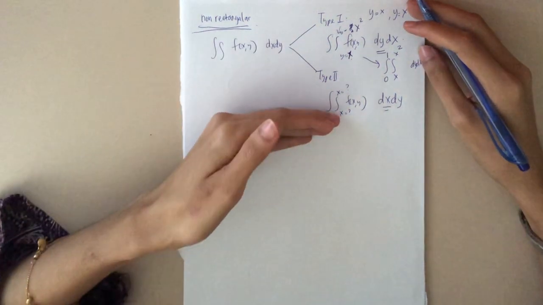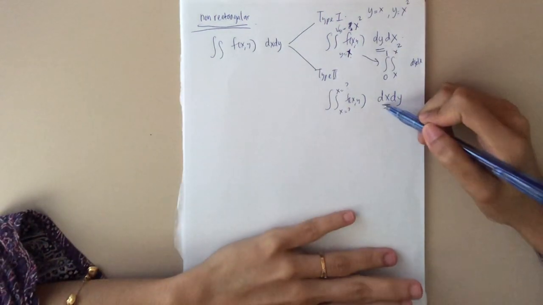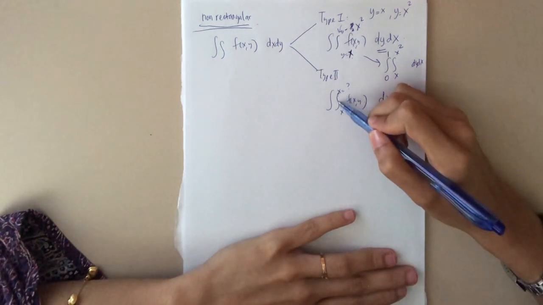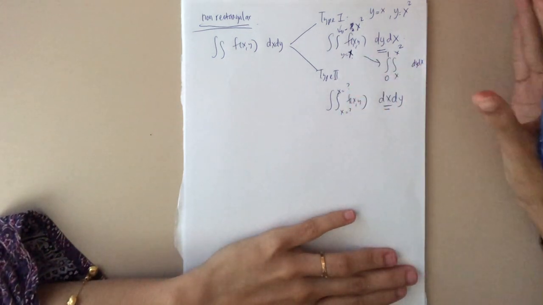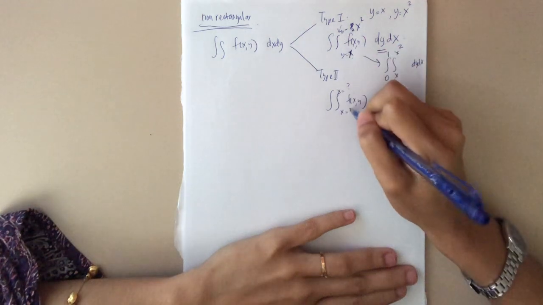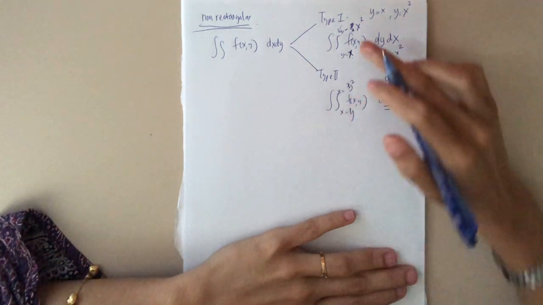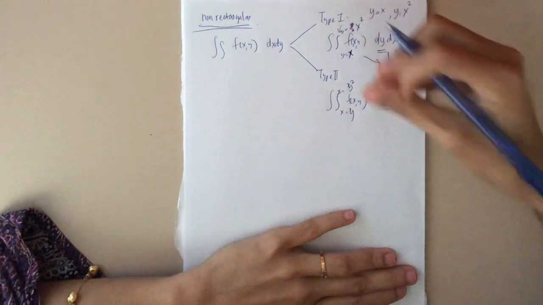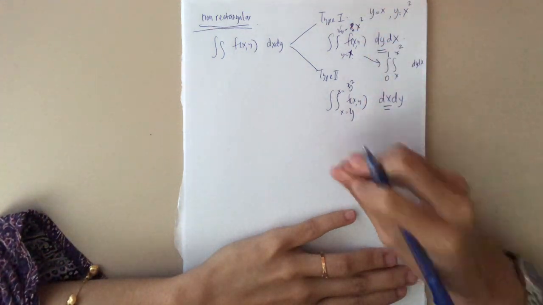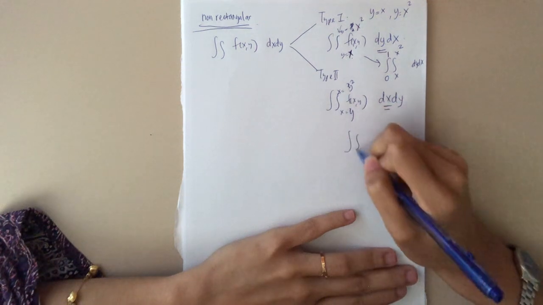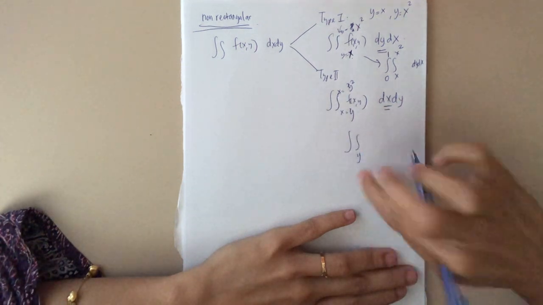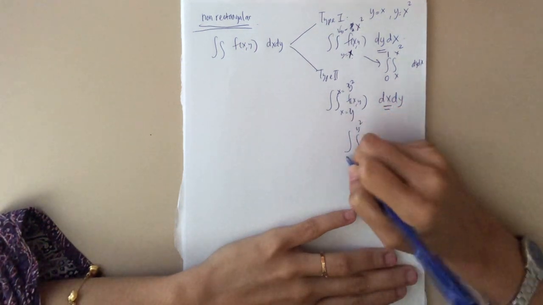So now we go to type 2. Type 2 is dx, so inside here it must be x equal to something. So x equal to y, because you have only x and y, right? If for type 1 y equal to x, for type 2 it must be x equal to y. So the limit here must be in terms of y, y squared for example.